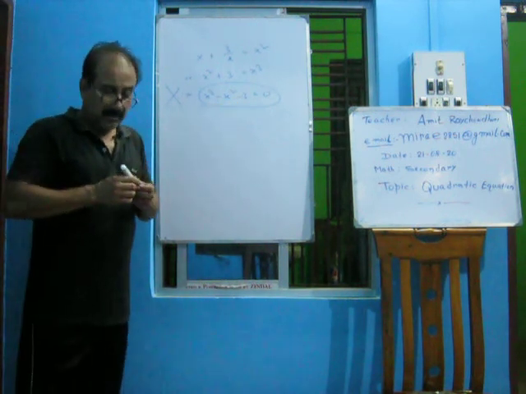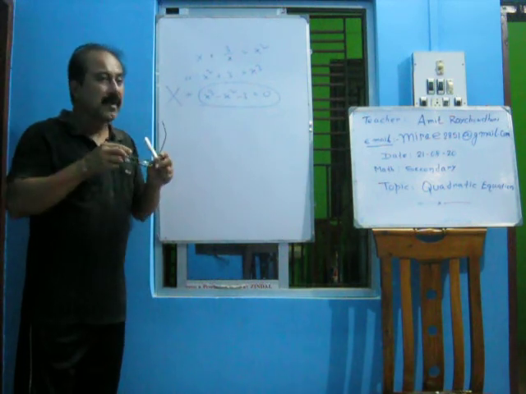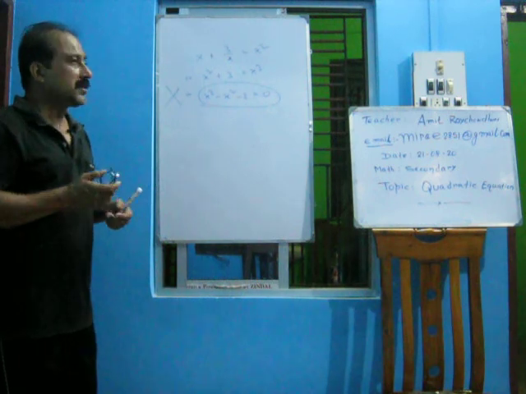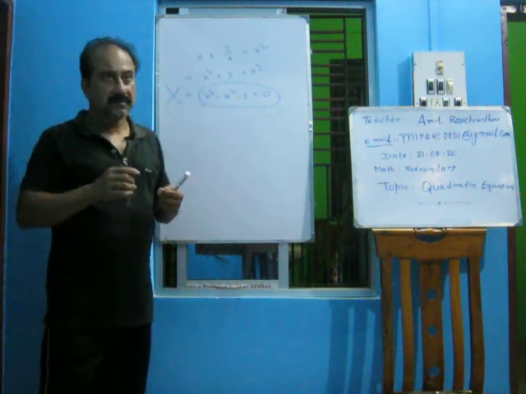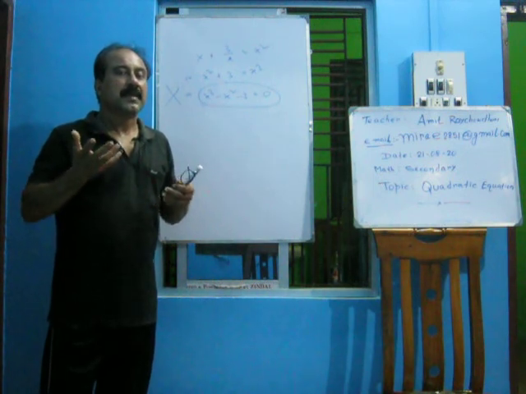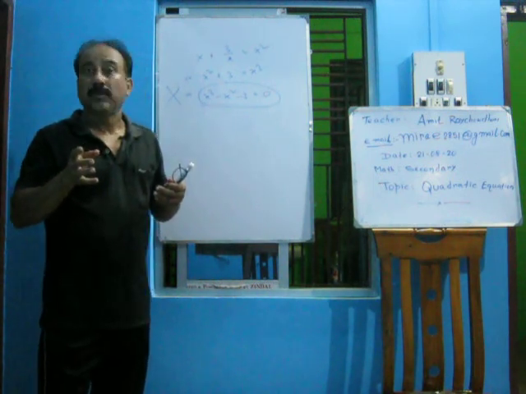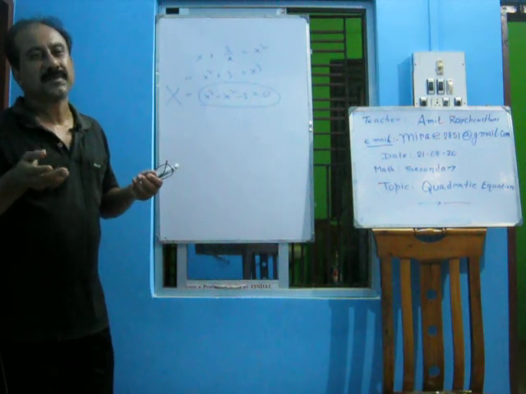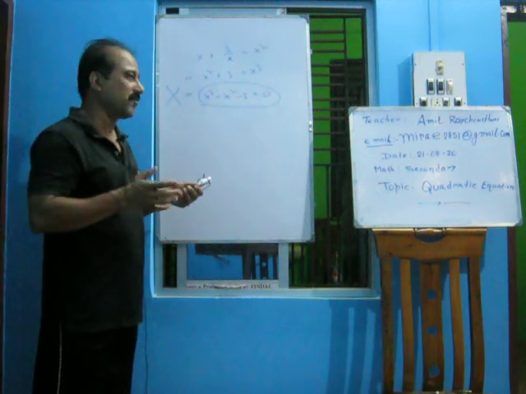Now, the overall idea today: the definition of quadratic equation, then the roots of the quadratic equation, how x is equal to minus b plus minus root over b square minus 4ac by 2a, coming from Sridhar Acharya.